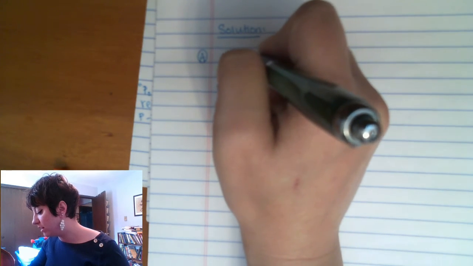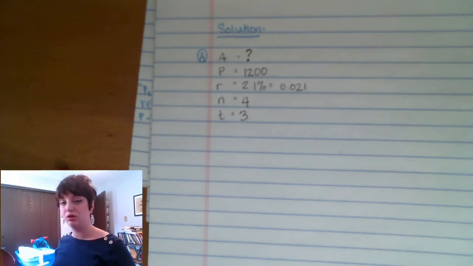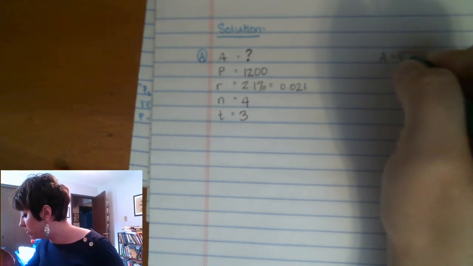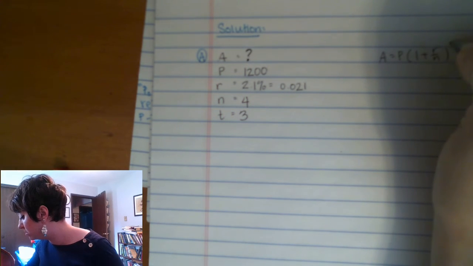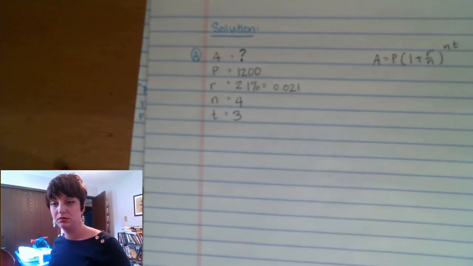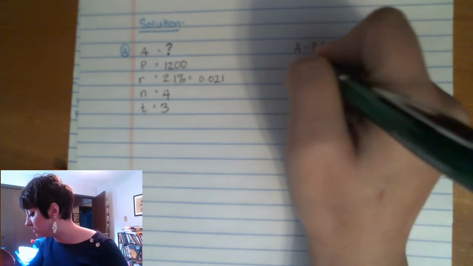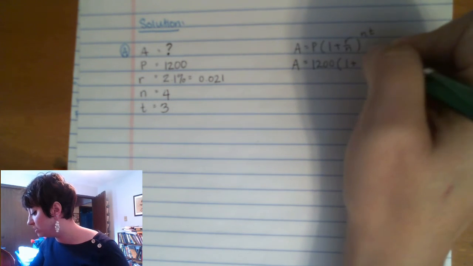So they want to know how much it is worth after this time. So A is the thing that I didn't have, and it's the thing that I'm looking for. So everything kind of lines up. All right, so my equation is this. As much as possible for typing this into a calculator, I really don't want to simplify too much.